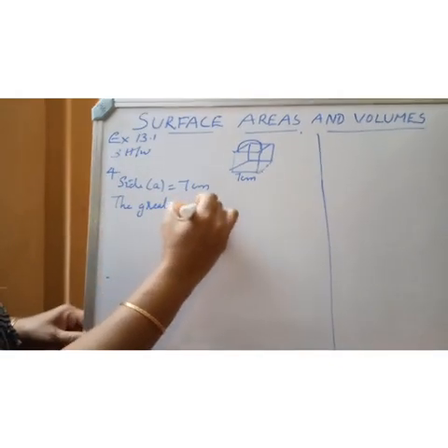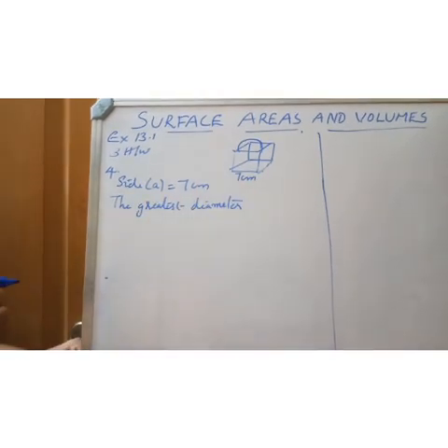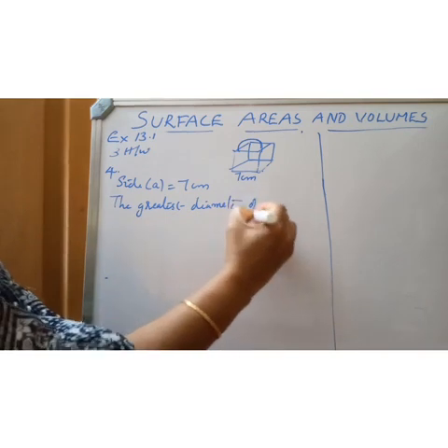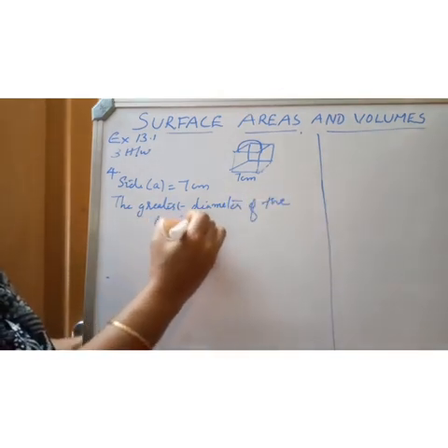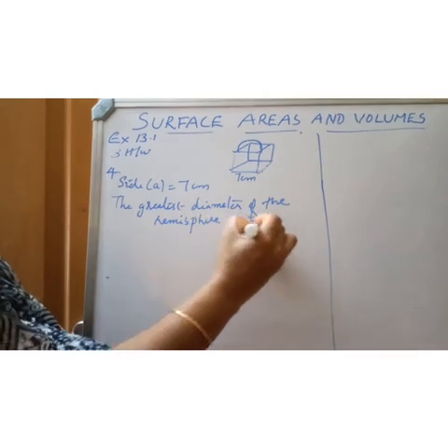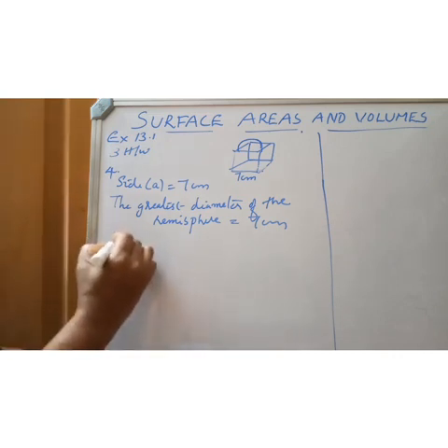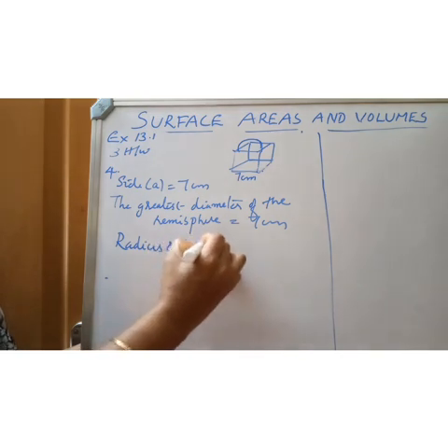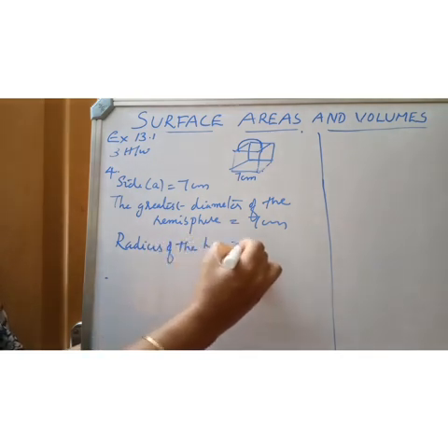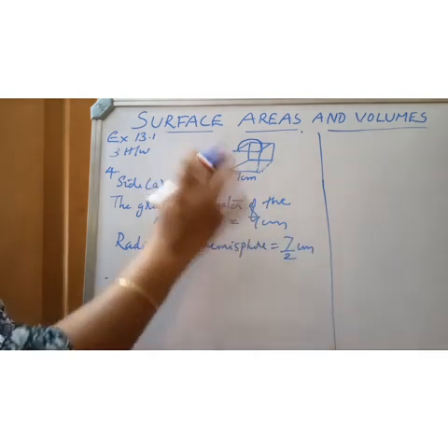So the greatest diameter of the hemisphere equal to what will come? Very good. 7 centimeter. Okay. So what will be the radius of the hemisphere? We got the diameter. So radius of the hemisphere is 7 by 2 centimeter. So we got the values.